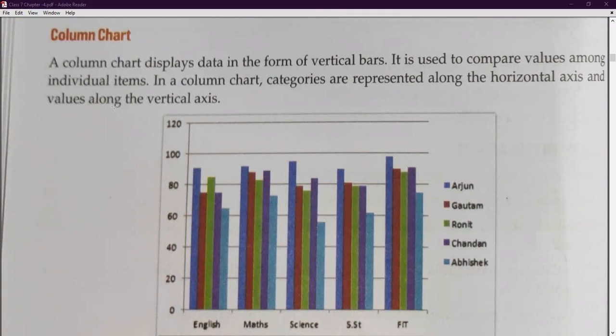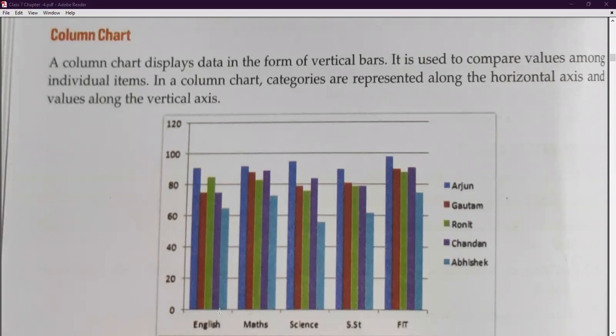In a column chart, categories are represented along the horizontal axis, and values along the vertical axis. So we are going to assign some values to the vertical axis, that means the y-axis, and we will provide categories to the horizontal axis. Depending on that horizontal and vertical axis, we will create a chart.